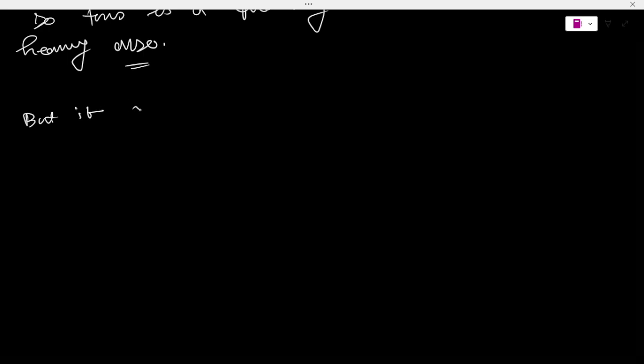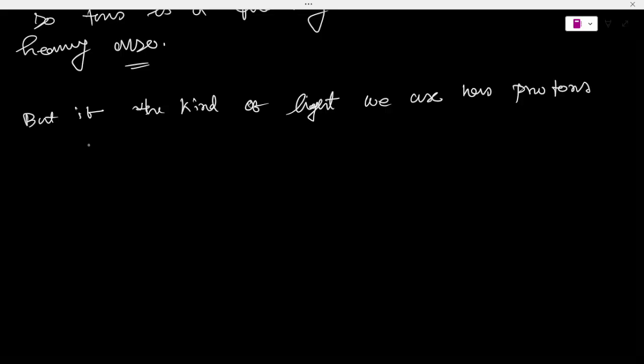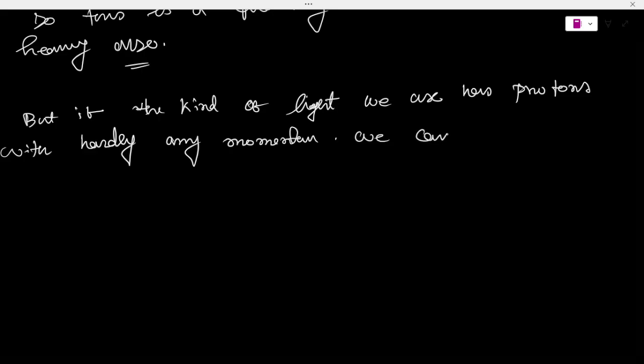But if we use photons with hardly any momentum, we cannot easily see where the electron is. Okay.